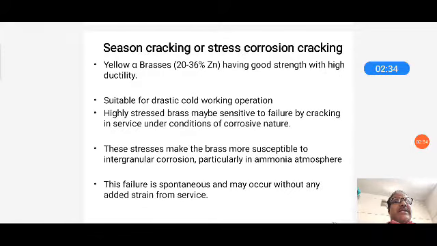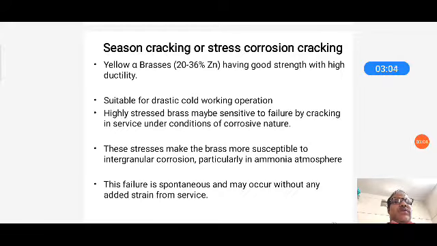Once a crack is initiated along the grains, it travels along the grain boundary, and finally the applied stress may fracture the particular part.